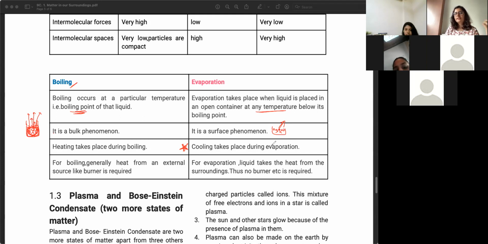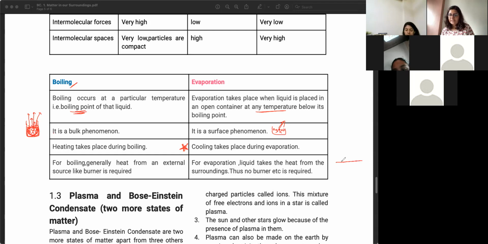Like if you had to imagine it, suppose you're sweating a lot, or if you just washed your face, fan ke niche baithne pe, how do you feel? Like as the water evaporates from your skin? Cold, right? So that's the cooling effect of evaporation.